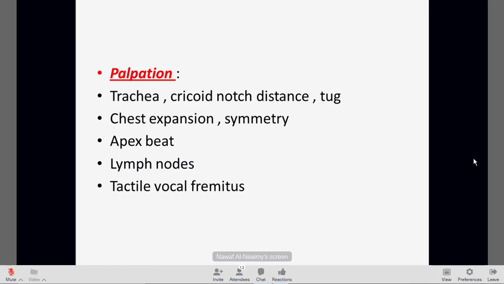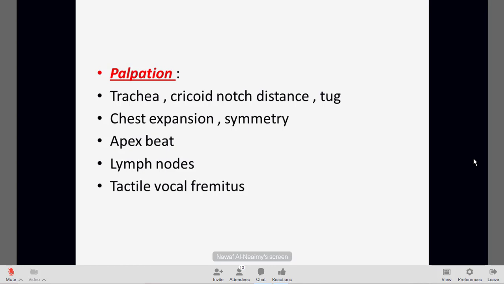Regarding the other step, which is tactile vocal fremitus. This is by palpation. It is a measure of the sound transmission from the lungs to the chest wall. So anything that insulates the chest wall from the lungs will result in a reduced vocal fremitus.